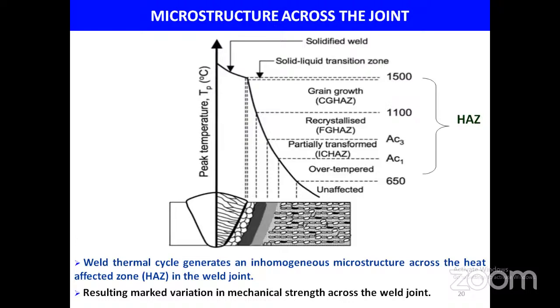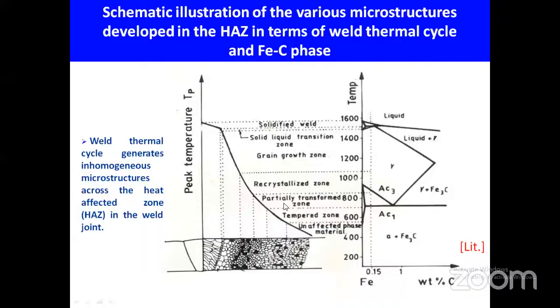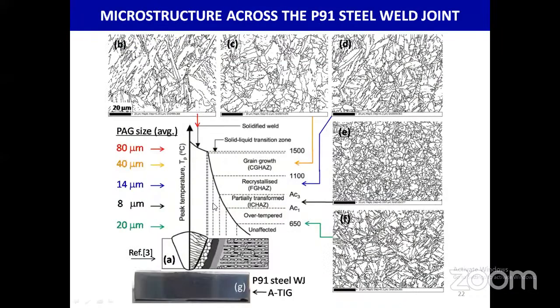So partial transformation occurs between AC3 and AC1 temperature, and below AC1 temperature is the over-tempered unaffected base material. We can clearly see here, from weld metal to base metal, the variation within the short HAZ region, typically 2 to 4 mm width of heat affected zone, which varies depending on the welding process.